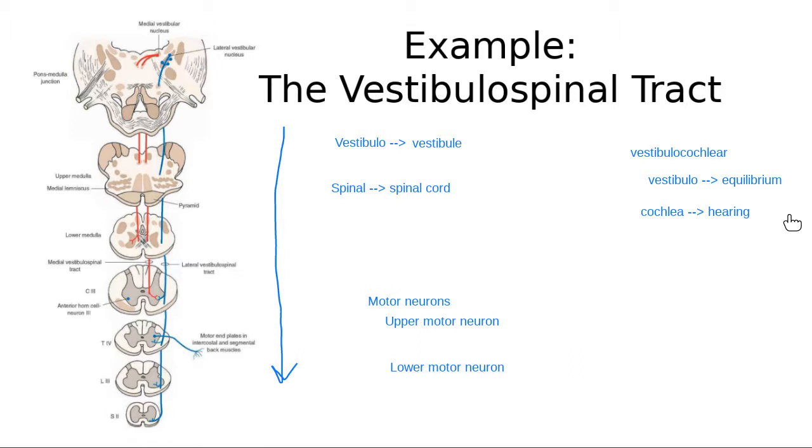The one other thing that we need to know about our motor pathways is whether they are direct or indirect. The easiest way to think about direct and indirect with our motor pathways is, do the directions come straight from the cerebrum and go down to the body?